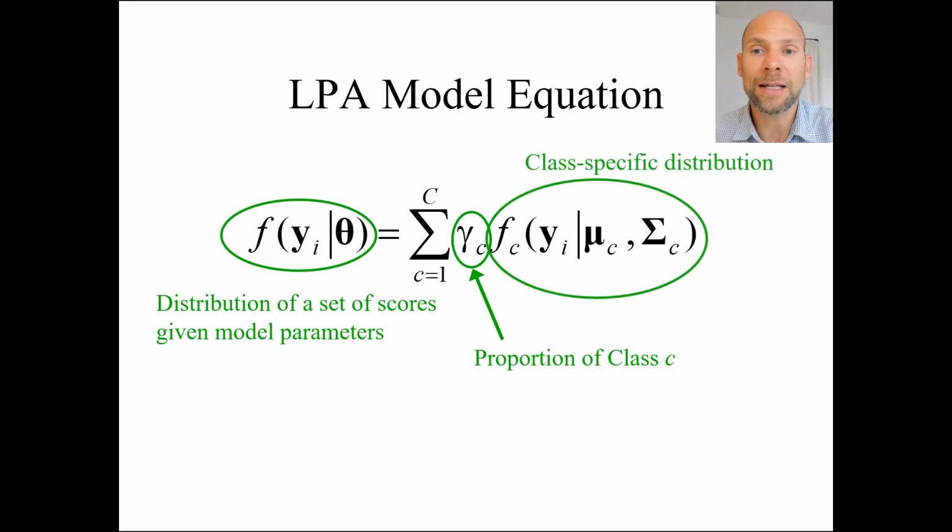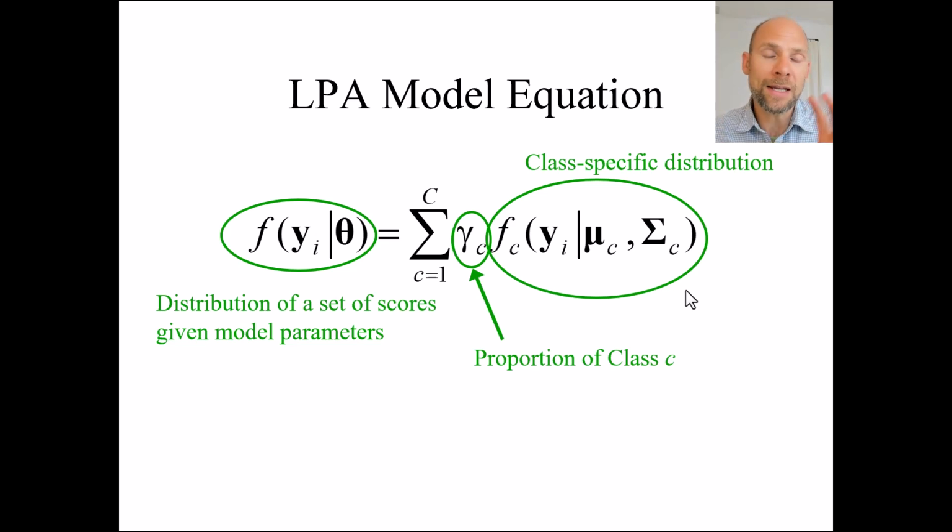And then the other part is that there's a class-specific distribution. That's the right-hand side term, F_c. So F_c indicates a class-specific distribution of these scores. The idea is that in each latent class, there can be a different normal distribution with a different mean, mu_c, and a different covariance matrix, sigma_c. The sigma_c here indicates the covariance matrix with the variances in the diagonal of the matrix, and then off diagonal all the covariances between the big 5 scale scores.